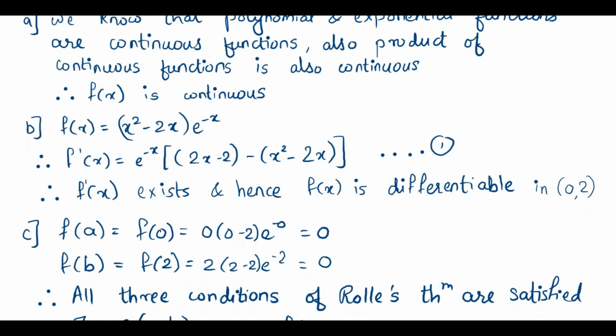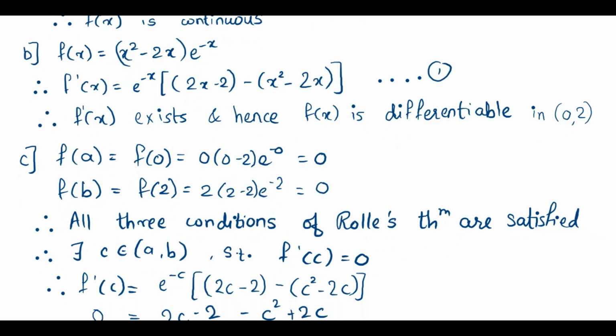Now the second condition is to check the differentiability. If we find f'(x) of the given function, I got f'(x) = e^(-x)[(2x - 2) - (x^2 - 2x)]. The given interval is [0, 2].